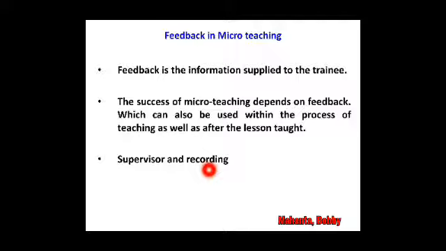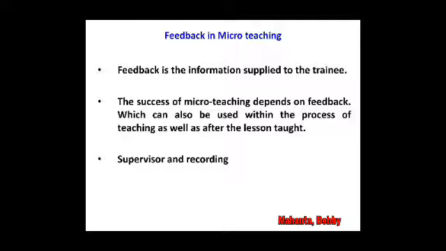Who is supposed to give feedback? It is the supervisor or the observer. You can also adopt the recording system. You can use some instrument for recording your teaching, and thereby you yourself can see how far you have done.